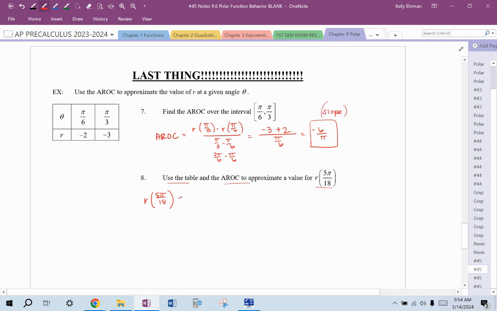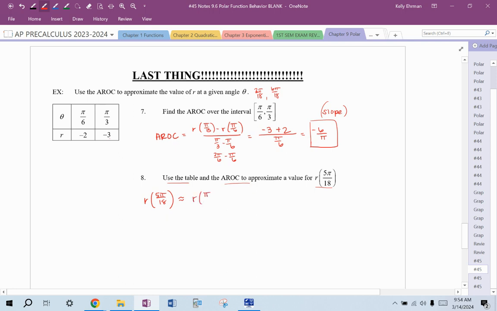So let's approximate it by using one of the values we know. You want a point that's close to 5 pi over 18, although I suspect that you could use either one on an AP test. Pi over 6 is 3 pi over 18, and pi over 3 is 6 pi over 18. I'm talking about 5 pi over 18, so I want to pick the closer point.